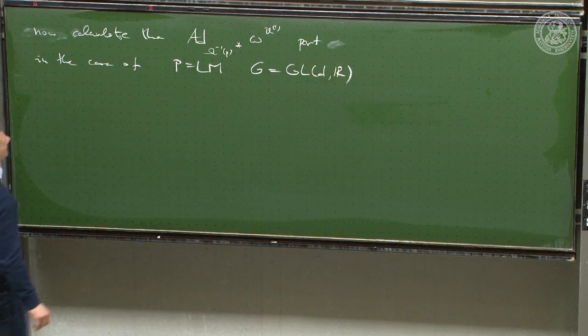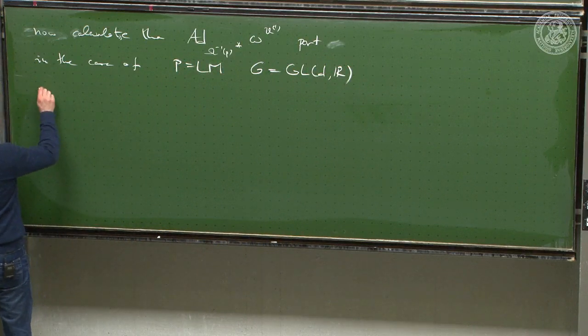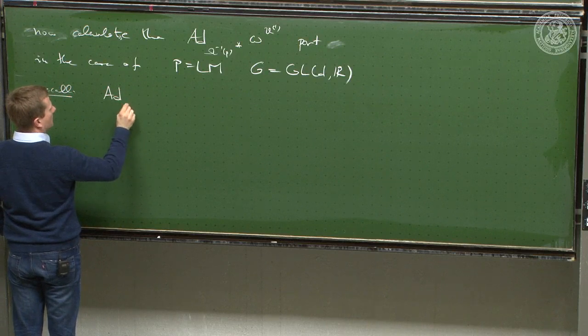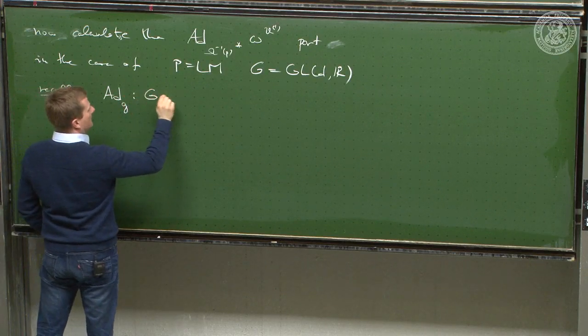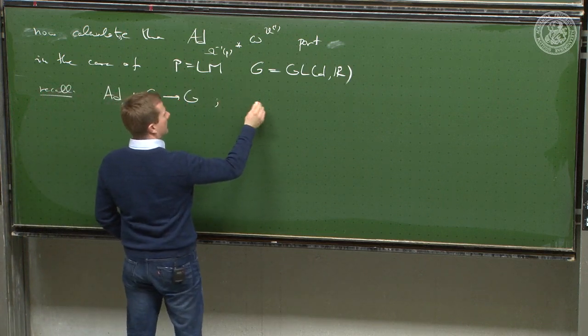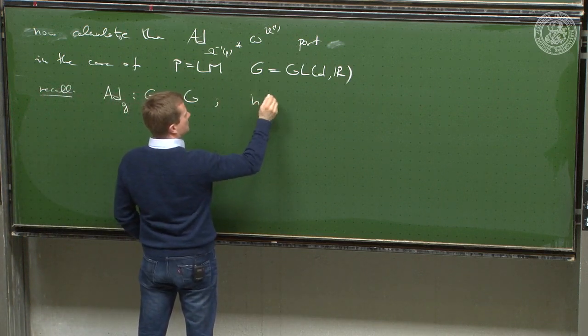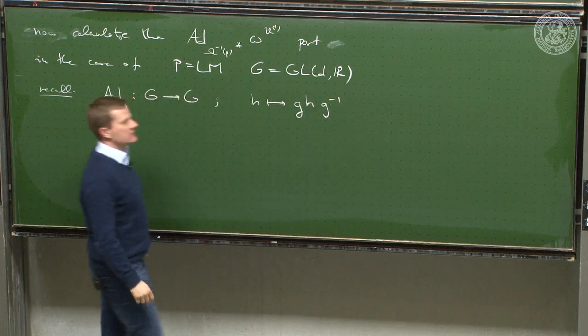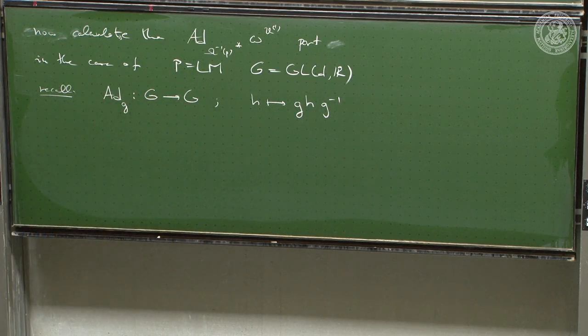Now, this is not too difficult because we recall that the Ad of some g is the map from G to G such that an h in G is mapped to g h g inverse. So this is an action on the group.